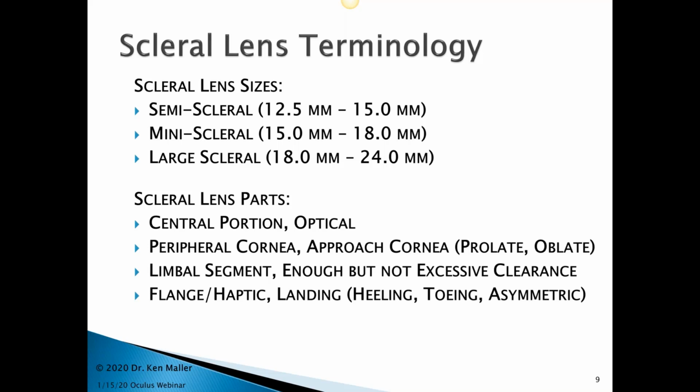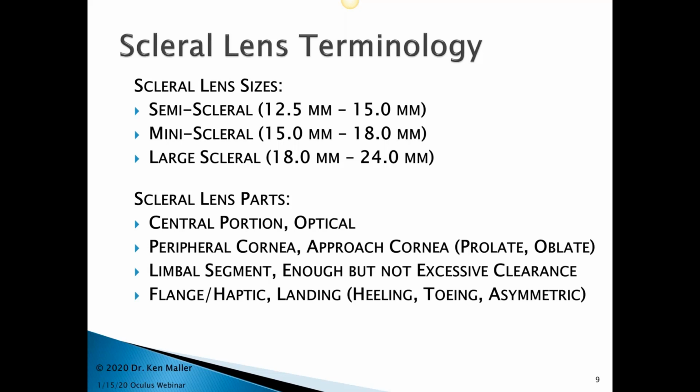Now, defining the parts of the scleral lens, you have the central portion, which is really devoted to the optics. The peripheral cornea, which is how the lens is starting to make its way back to the cornea so that it can land. And we do have to be concerned with both prolate and oblate shapes. We have the limbal segment, which is how we are going to deal with getting across the limbus.